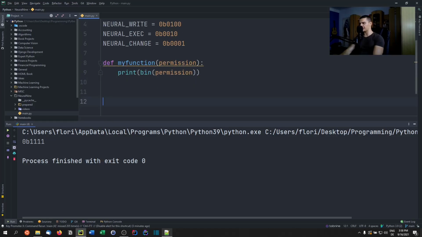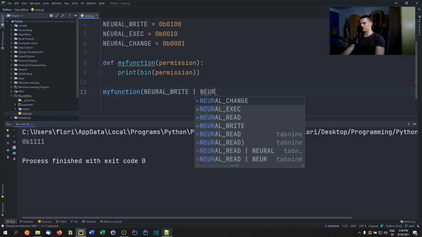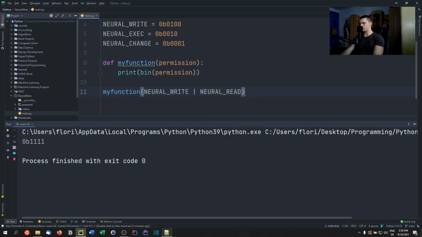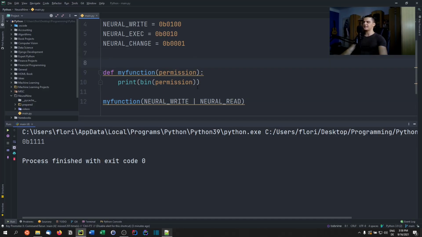What I can do is I can say, okay, my_function and the permission are: I'm allowed to write and I'm also allowed to read, for example. NEURAL_WRITE | NEURAL_READ. Now, this is an OR, but it's actually an AND in the practical context. This basically means that I'm allowed to write and to read, and if I run this, you're going to see that this prints 1100, which is the permission for writing and reading.